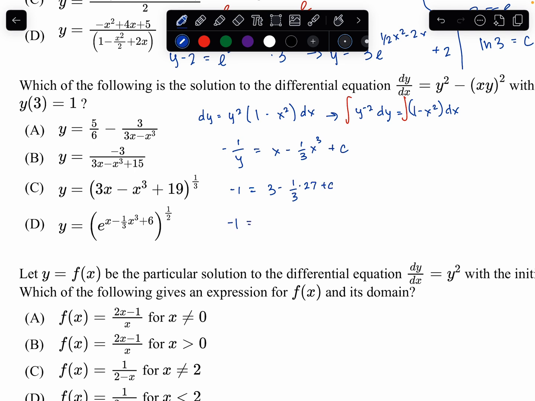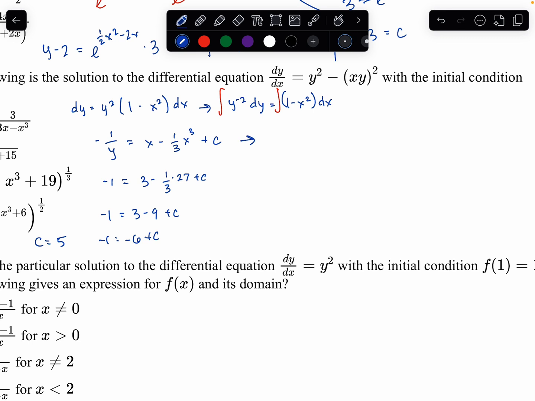So negative 1 is going to be equal to 3 minus 9 plus c. So negative 1 is equal to negative 6 plus c. So c should be equal to 5.